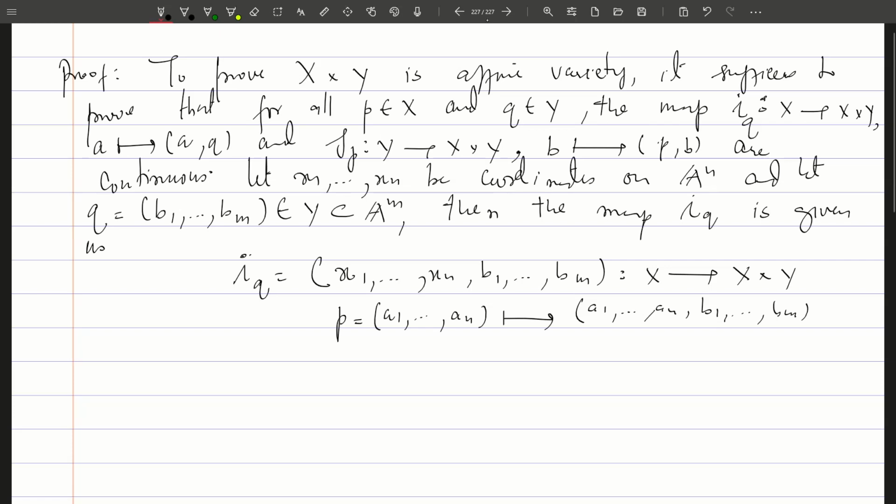So this is a regular map, and hence continuous. So clearly i_q is continuous. Similarly, we can prove the map j_p is continuous.